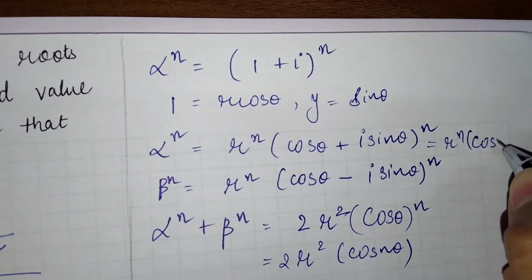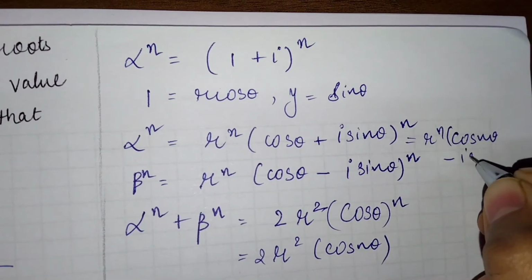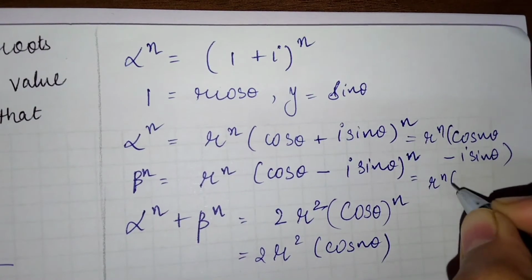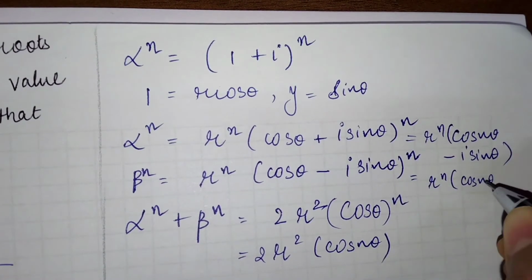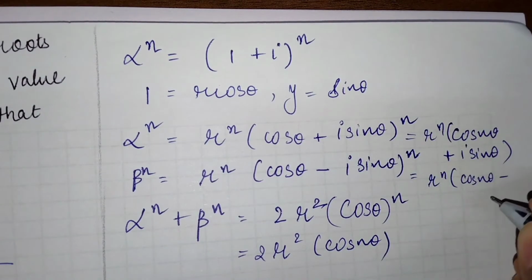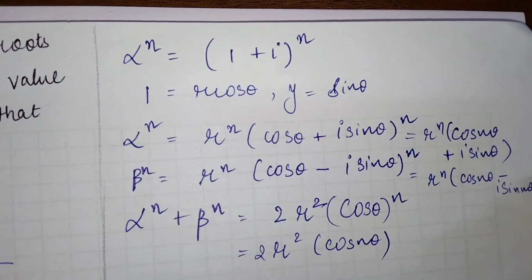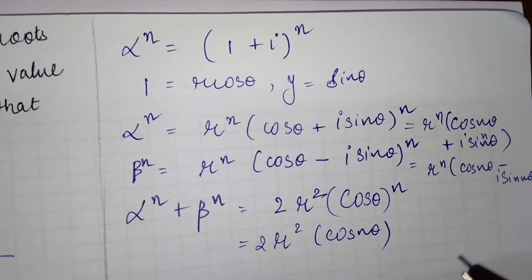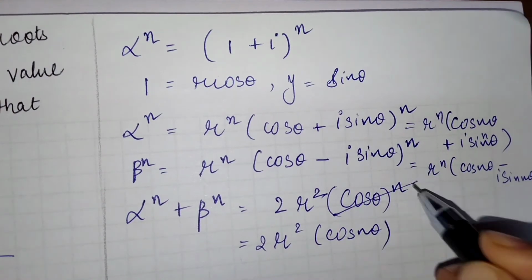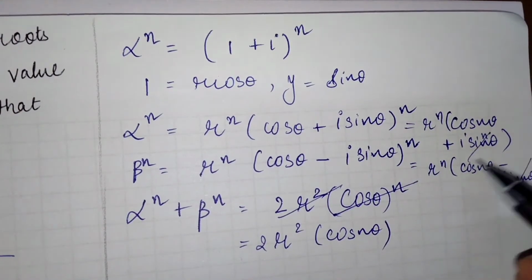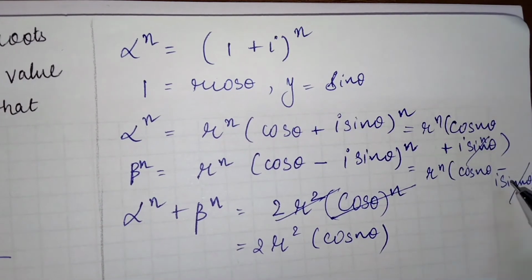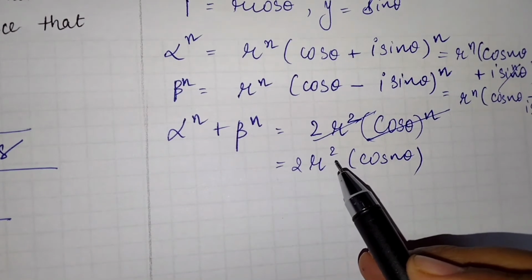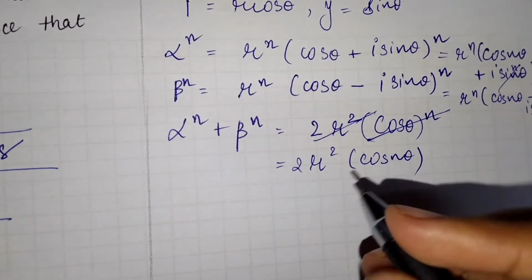So we will get cos n theta plus i sin n theta, and here cos n theta minus i sin n theta. Sorry, here plus is there and here minus is there. So whenever you add both these equations, this and this term will get cancelled because one term is positive and the other is negative. So you will get 2r raised to n cos n theta.